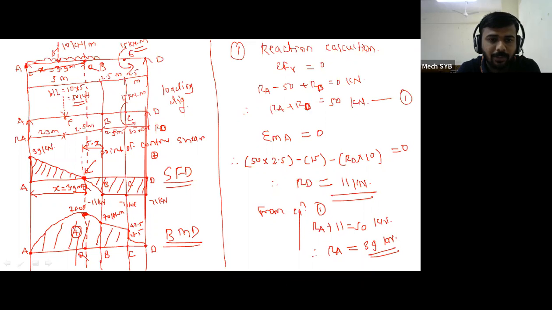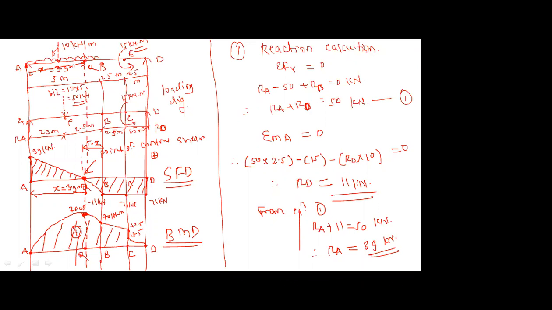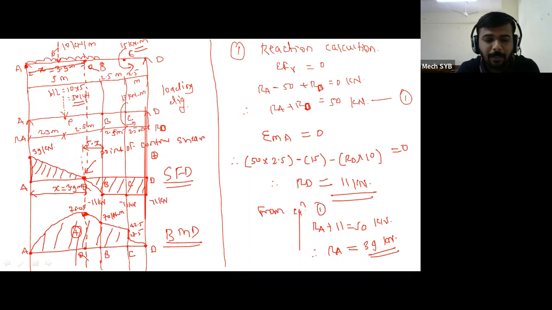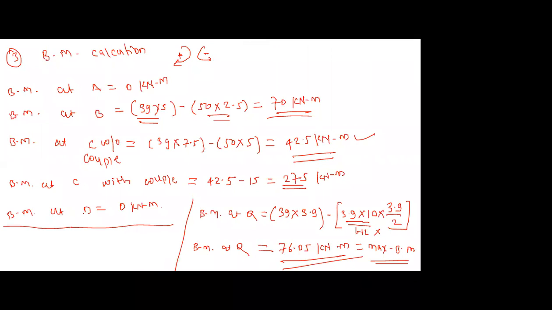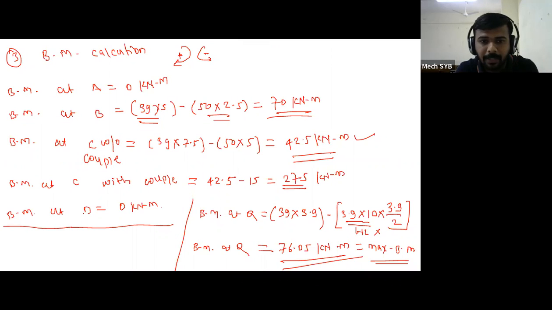Sorry, in SF calculation, where is the effect of couple considered? No. Correct. In SF calculation we do not consider the effect of couple. In BM calculation, how do we consider the effect of couple? With and without. First condition is without couple and second condition is with couple. Are we multiplying by distance for the couple?